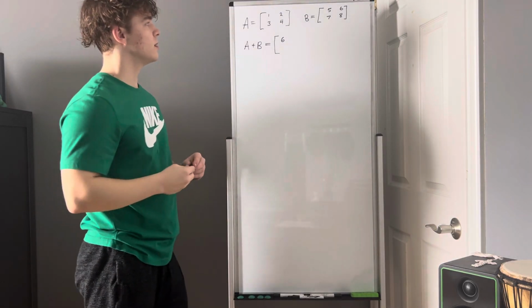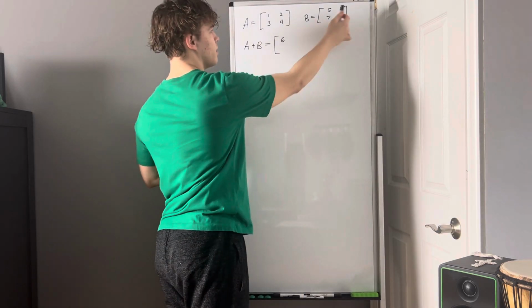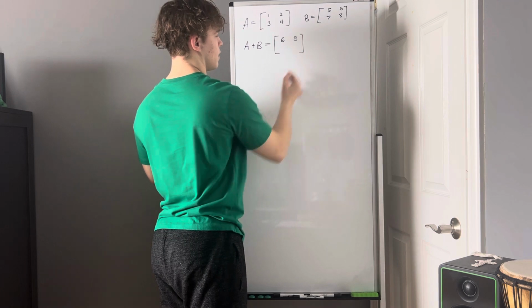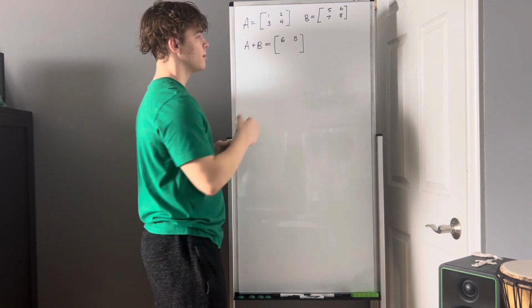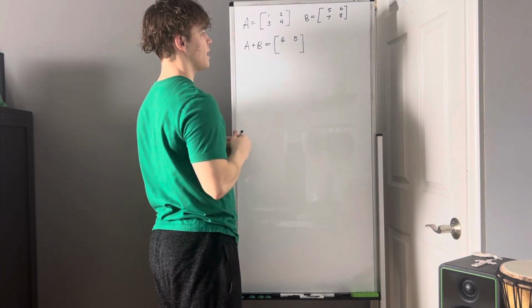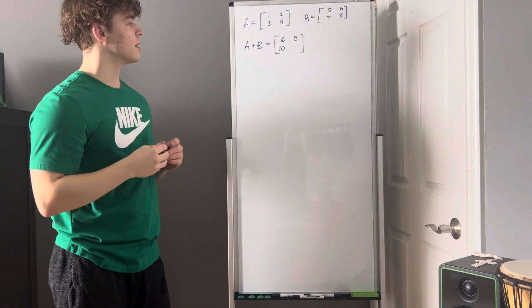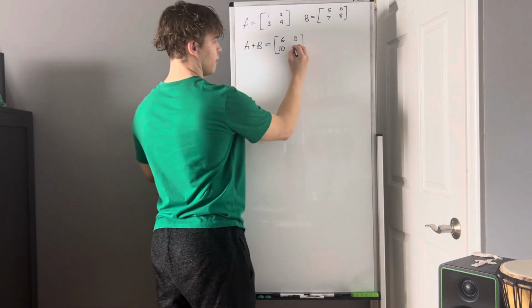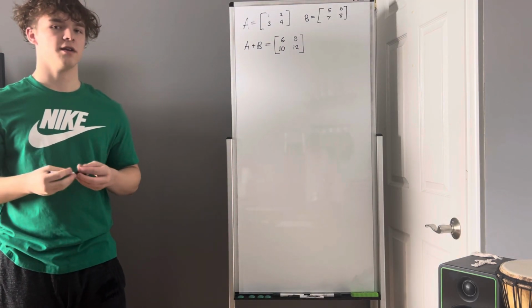First row, second column, we have 2 plus 6, that's 8. Second row, first column, on both of these we have 3 and 7, that's 10. And second row, second column, we have 4 plus 8, that's 12. So matrix addition is very easy.